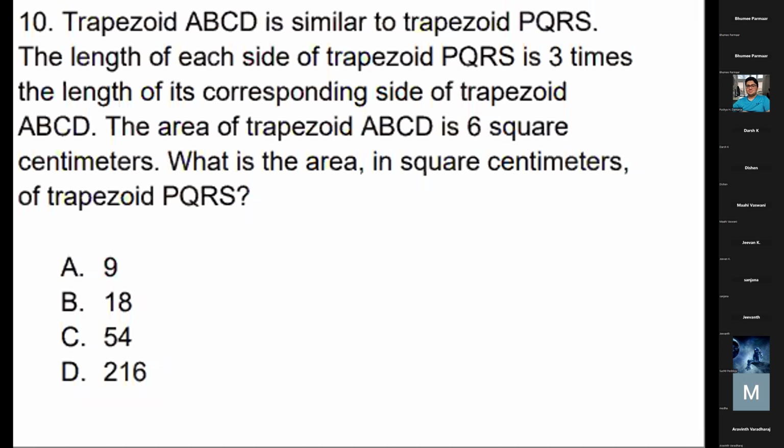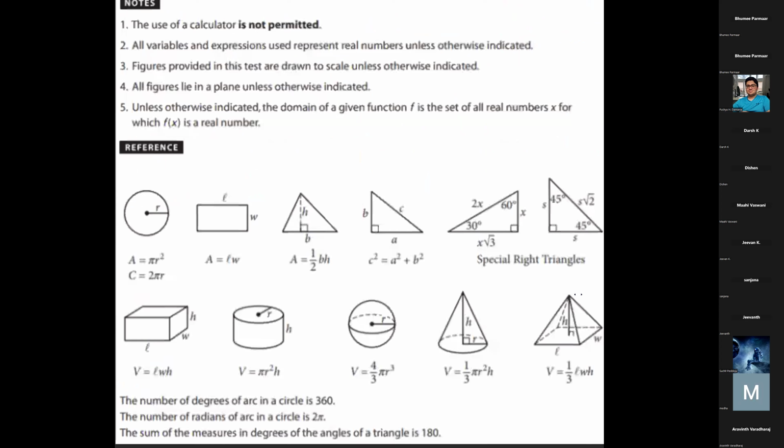Okay, so it'll look something like this on the actual SAT, where they'll say use of calculator not permitted, and all the notes for the first section, and then these will be the reference materials you get on the first page, basically all the different shapes and all of the formulas you might need.